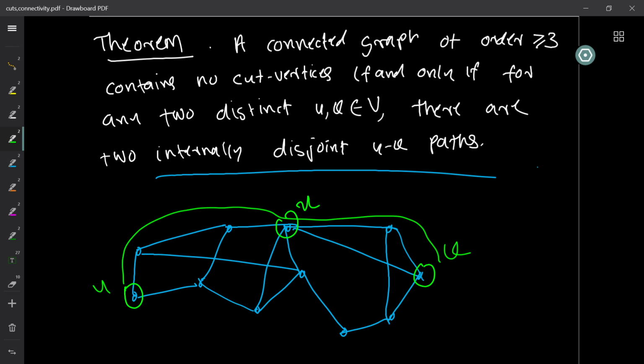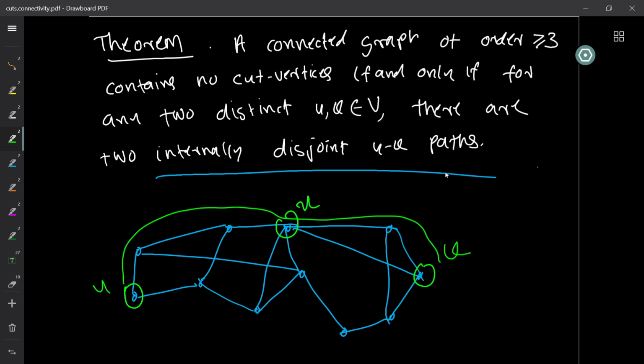And x is not one of the end vertices, so therefore there is a path from u to v after removing the vertex x also. So for any vertex x in the graph, this is true, because the assumption is that for any pair of vertices, we have two internally disjoint uv paths.